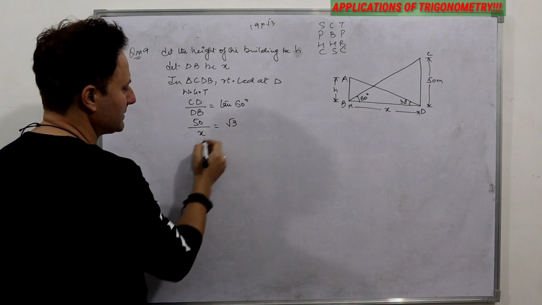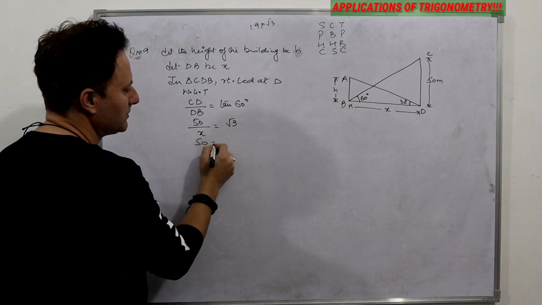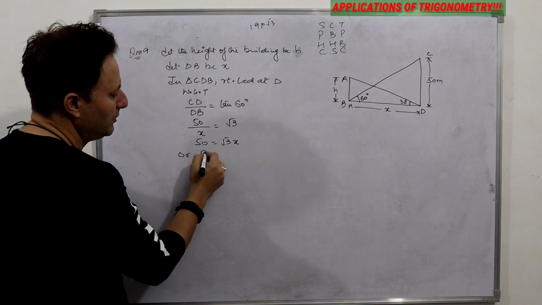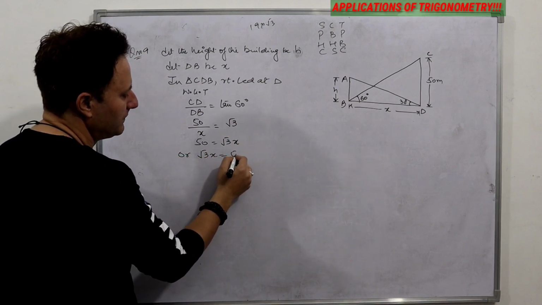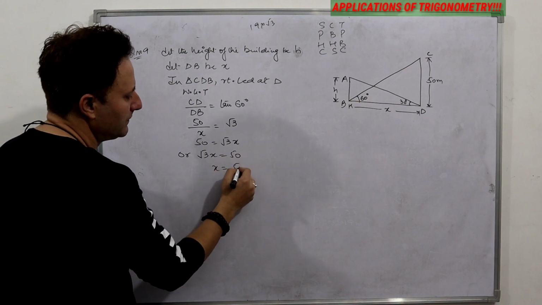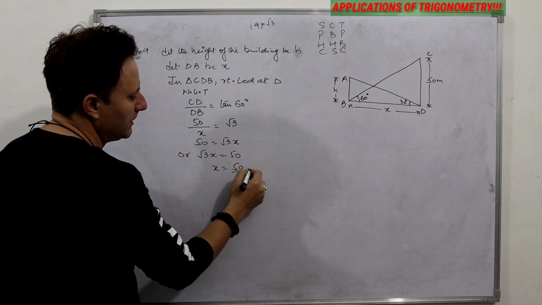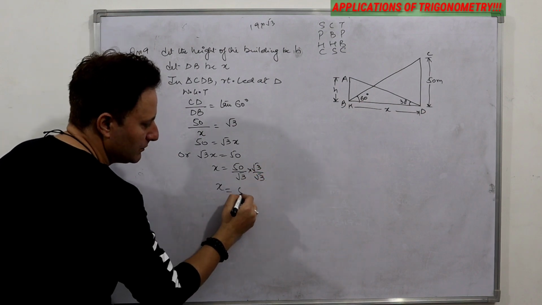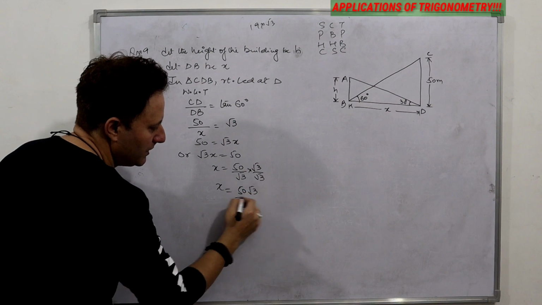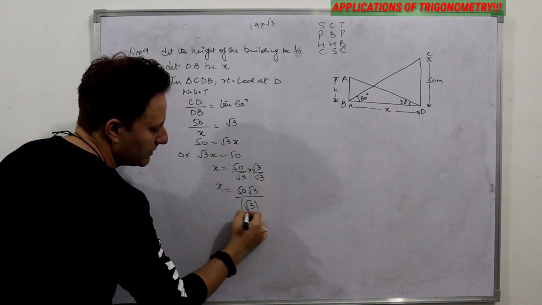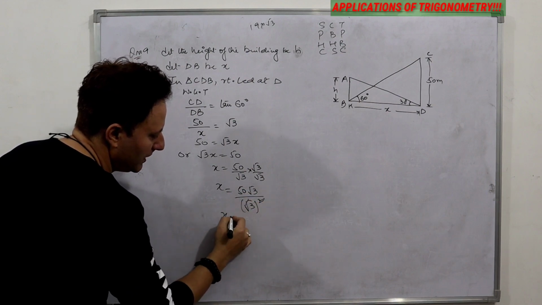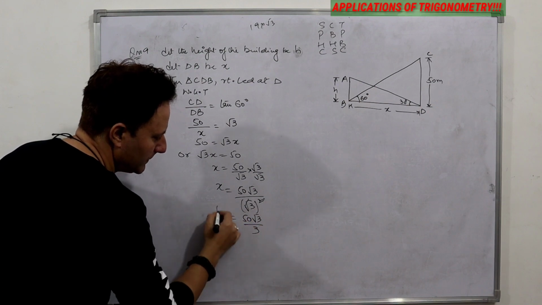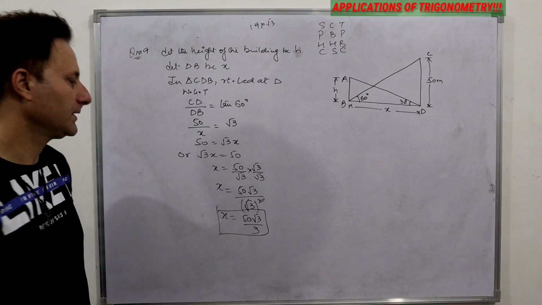Now we'll take this x that side, so that becomes 50 is equal to root 3 x, or root 3 x is equal to 50. X is equal to 50 upon root 3. Let's rationalize it here itself. X is equal to 50 root 3 upon root 3 square. Square and root gone. X is equal to 50 root 3 upon 3. So that is my value for x.